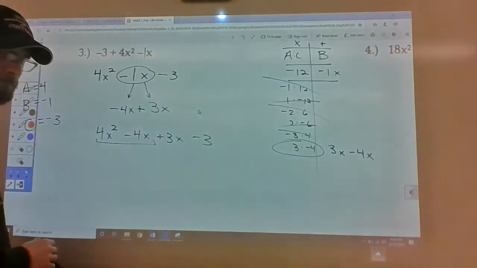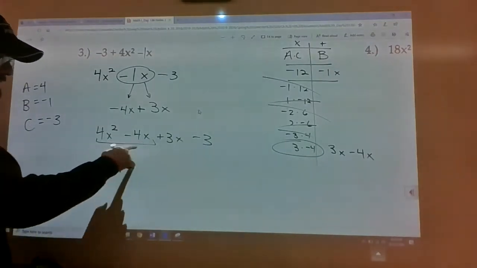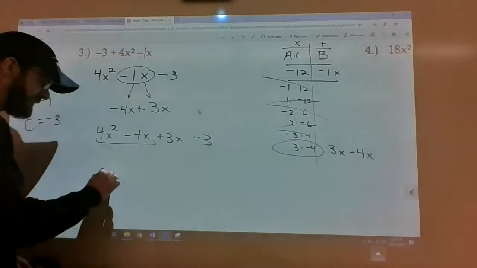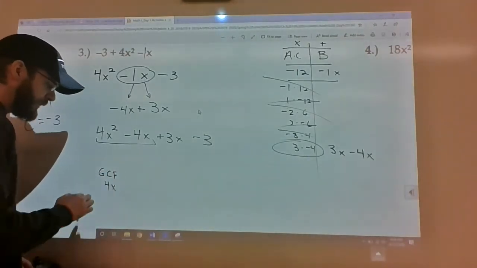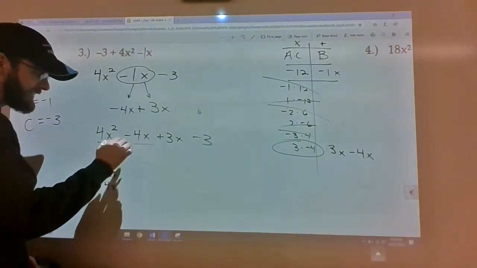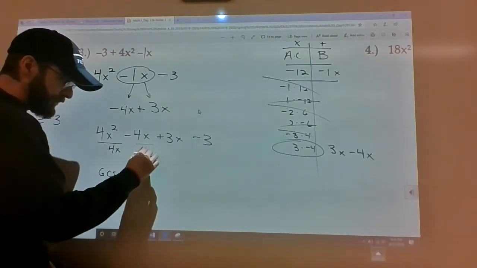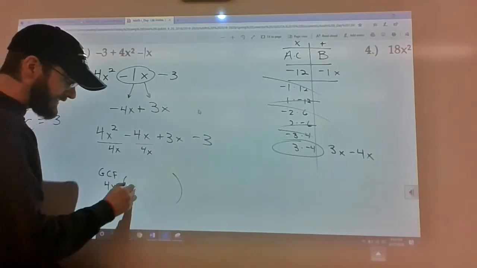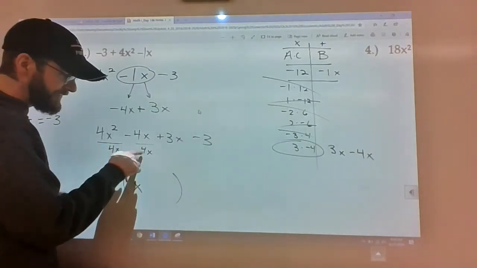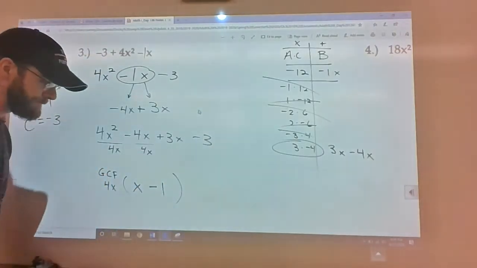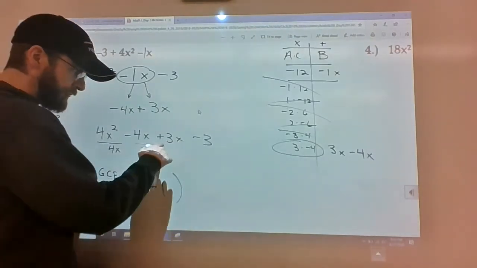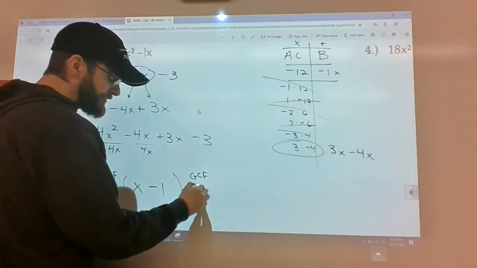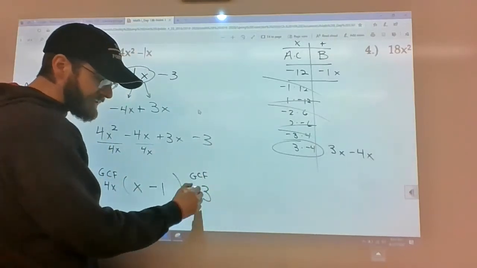First group, 4x squared and 4x. Looks like 4x is the shared term. So the GCF is 4x. We divide by 4x now to determine the leftovers. So 4 divided by 4 is 1. X squared over x is x. 4x divided by itself is minus 1. And then our GCF over here, it's 3, and I'm going to keep it as a positive 3.